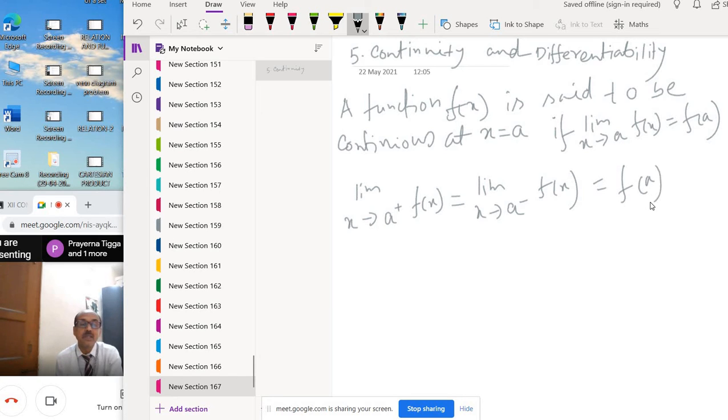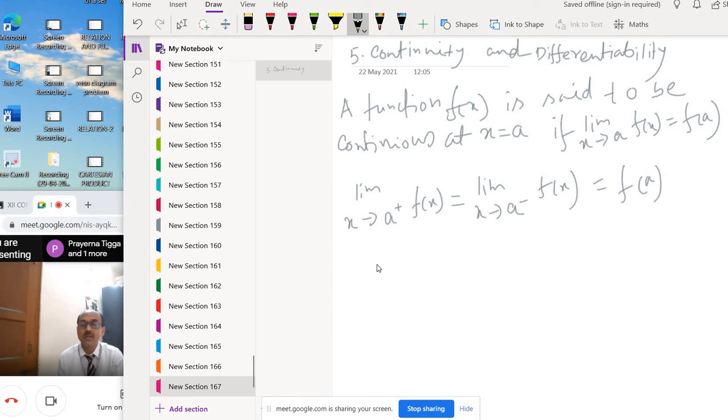That means these three values: the limit as x tends to a plus of f(x), if this is defined and we get a value, and the limit as x tends to a minus of f(x), the left hand limit, this value defined, and these two are equal, and this equals f(a), the functional value at that point. If these three are the same, then we can say that function f(x) is continuous at that point.